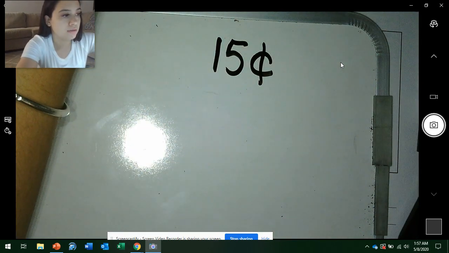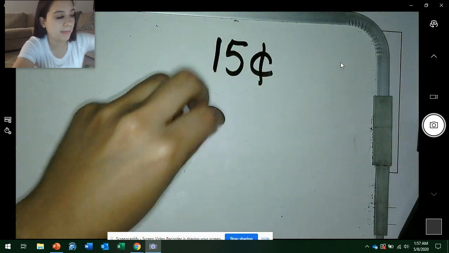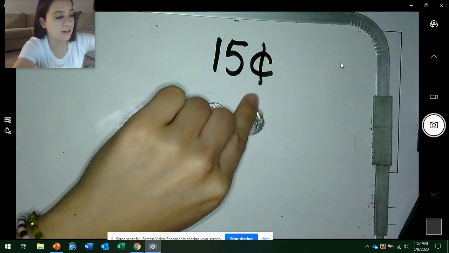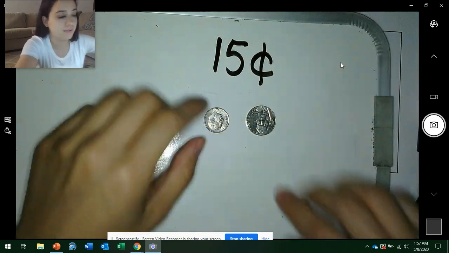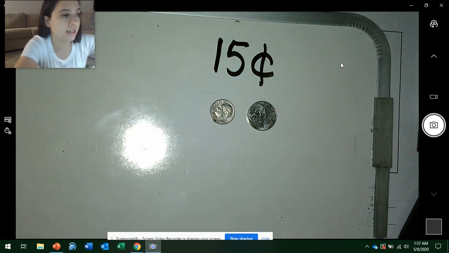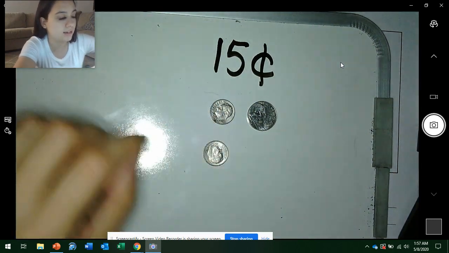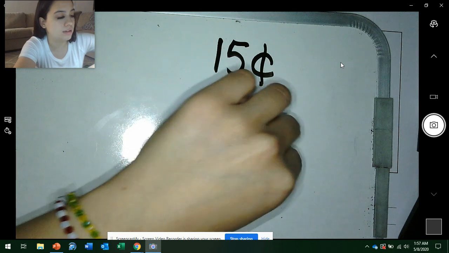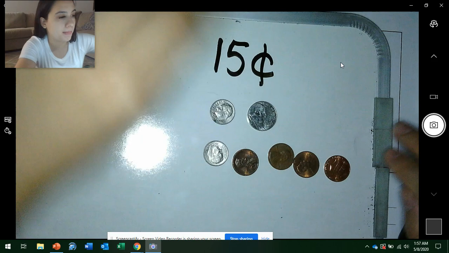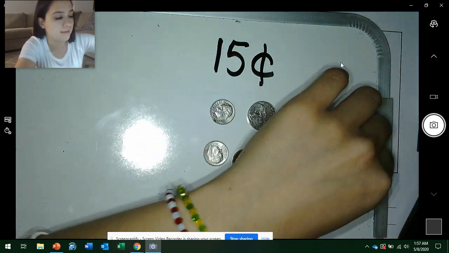If you had your coins, we could have used 1 dime. This is my dime. And 1 nickel. Because we know that 10 plus 5 is 15. Or if you made it like this, 1 dime, just 10, and with 5 pennies. 1, 2, 3, 4, 5.